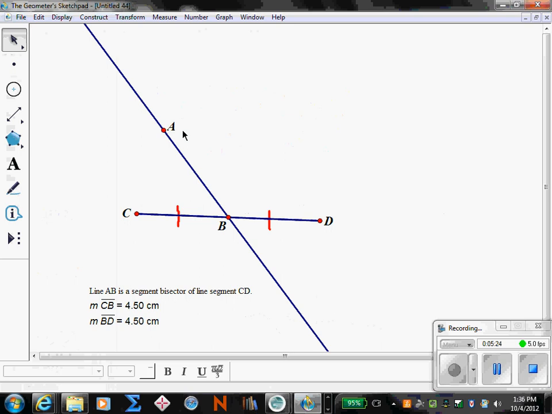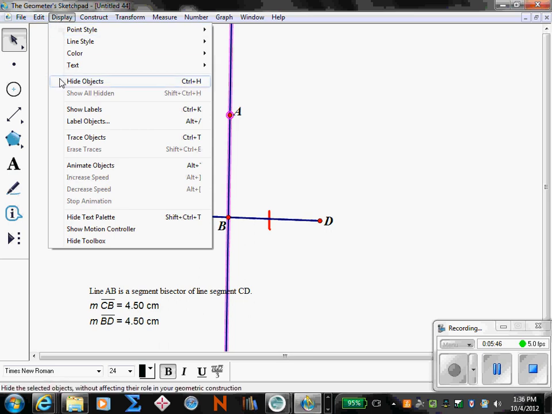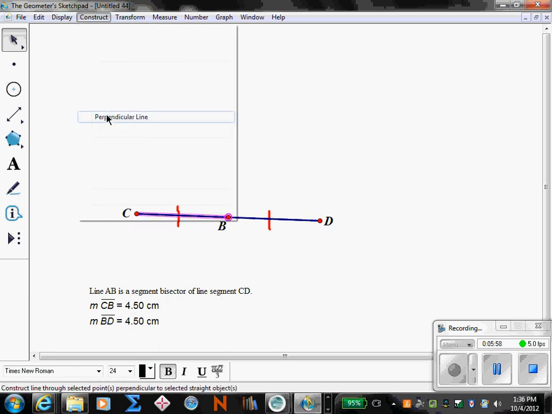So if we go back to our Sketchpad diagram and look at what we did for just a segment bisector, what would make this a perpendicular bisector? If line AB was perpendicular to line segment CD. Now we need to construct it so that it's perpendicular, but it does still need to go through the midpoint. So I'm going to hide this line. Then I'm just going to highlight point B and line segment CD and say construct a perpendicular line.